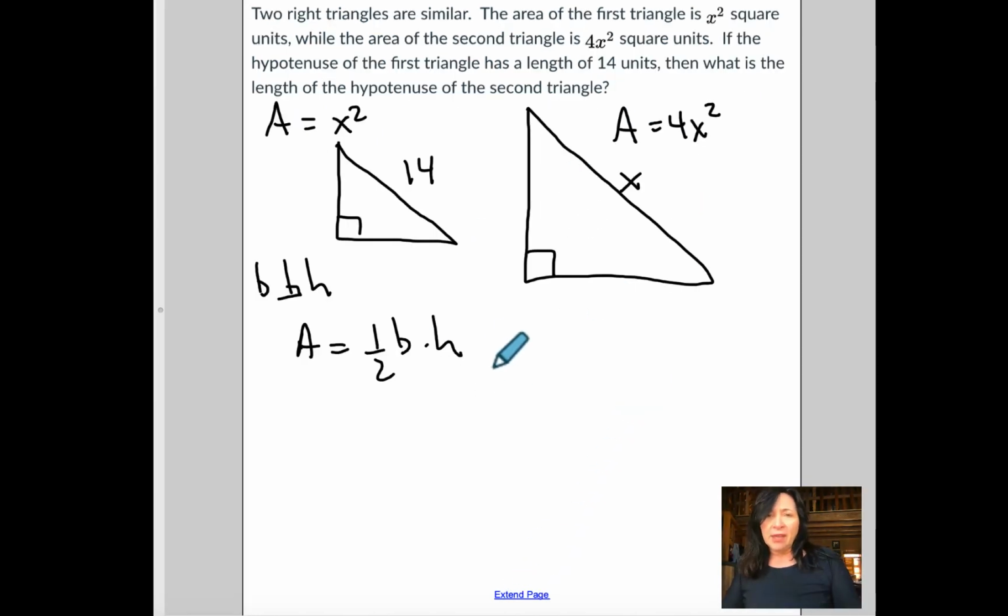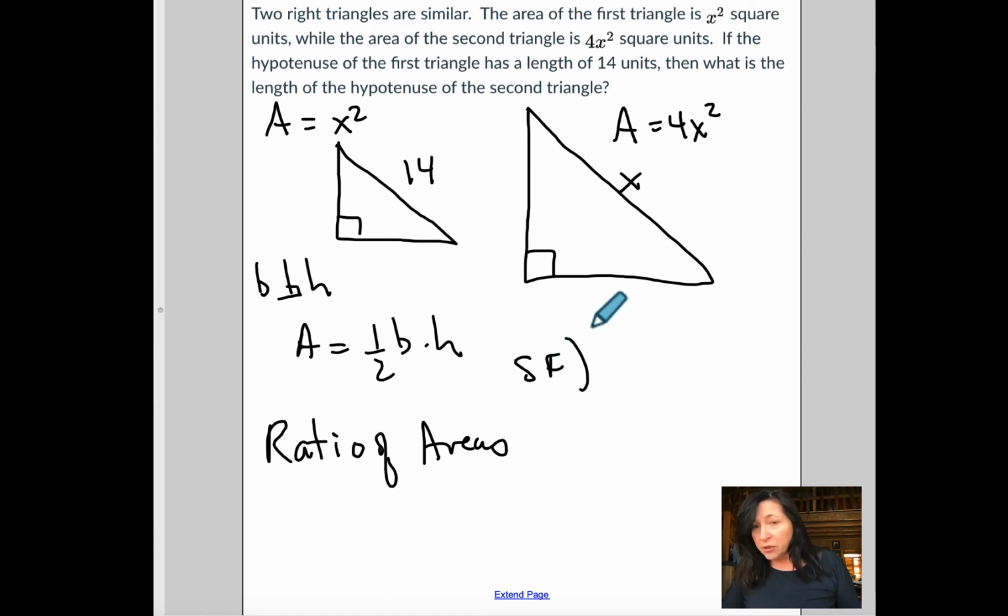What you're thinking of is this: you need a scale factor. And remember, we do know the scale factor if we have the ratio of areas. The ratio of areas is my scale factor squared. So the ratio of areas is x squared to 4x squared, and the x squareds cancel out.